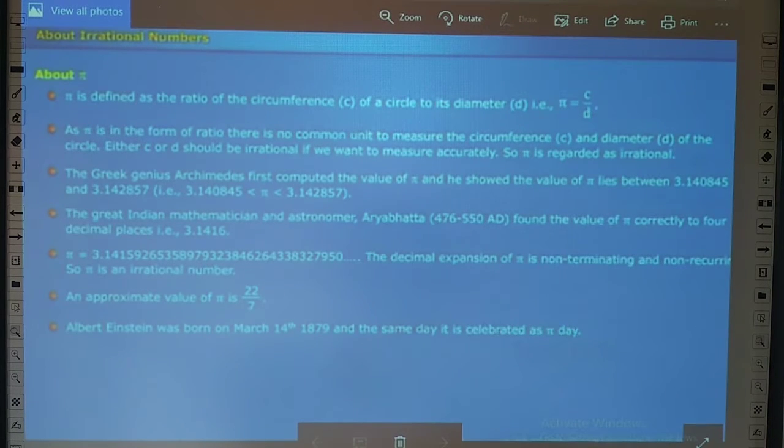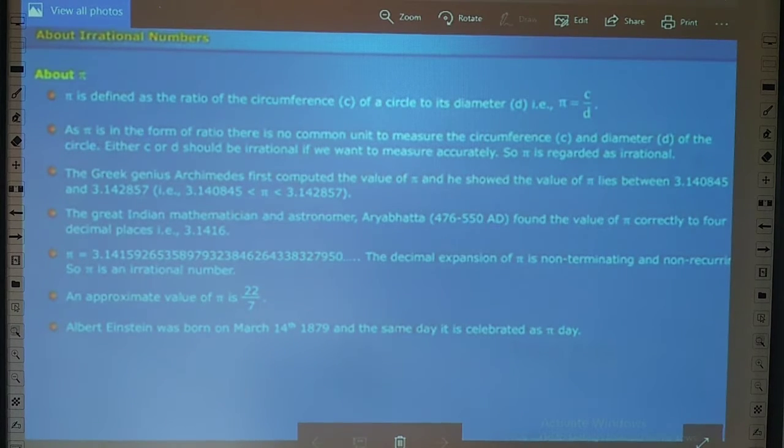An approximate value of pi is 22/7. We use this in mensuration. If you write 22/7, it is not accurate. 22/7 is in p by q form, so you can say it is rational.